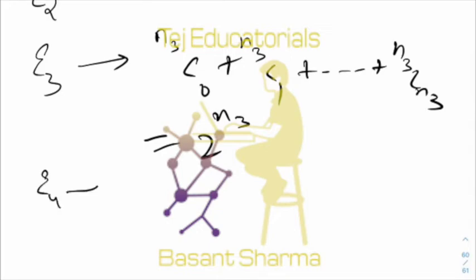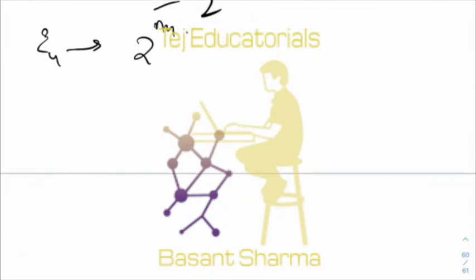Similarly, E4 would be the number of ways of selecting at least 0 objects from n4 different objects, which is 2 to the power n4. Now the required answer is the total number of possible selections such that at least one is selected.